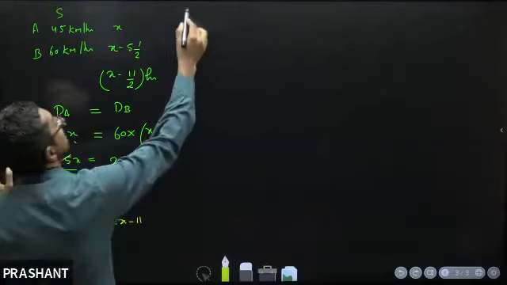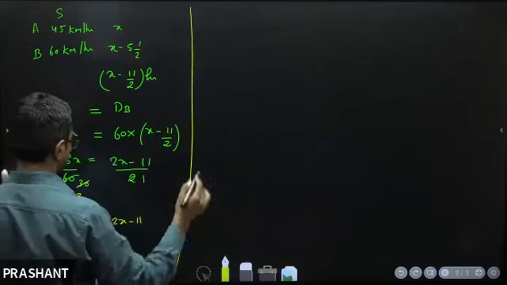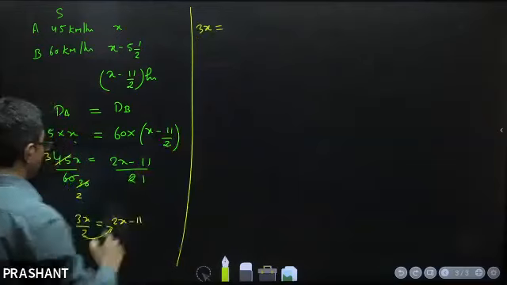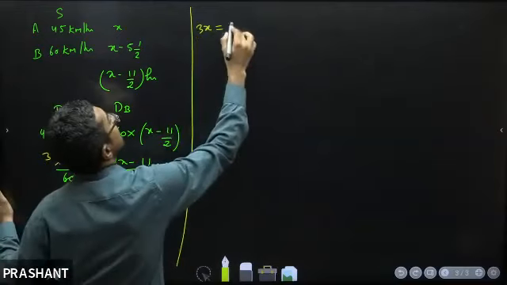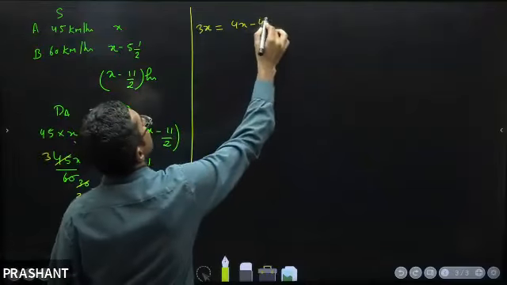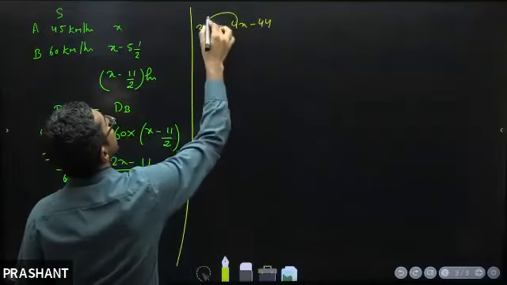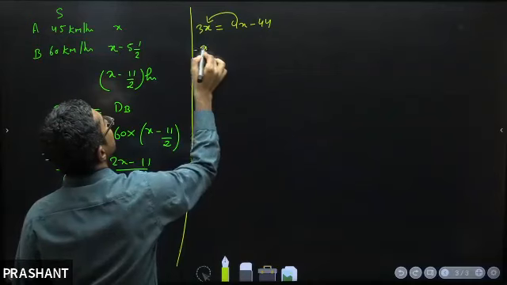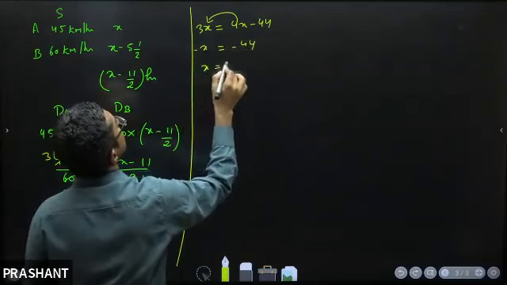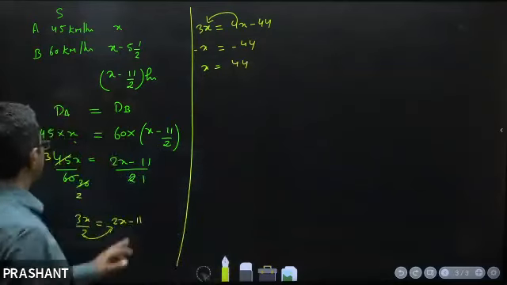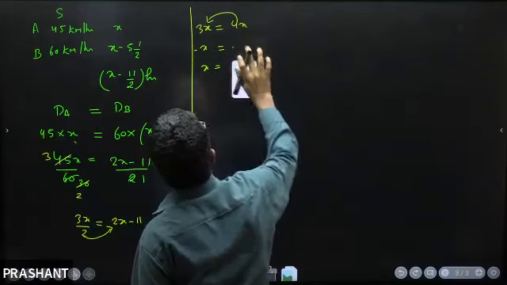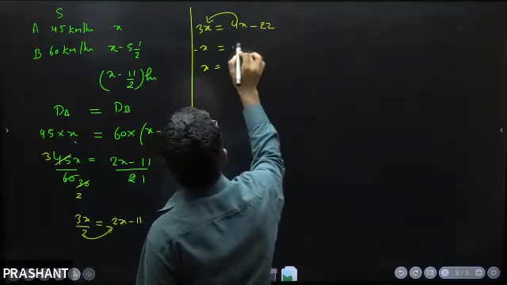So this can be shifted to this side. So this turns out to be 3x is equal to 4x minus 4 into 11 is 44. So can you shift this side? 3x minus 4x, minus x, is equal to minus 44. Sorry, 2 into 11 is 22, right?